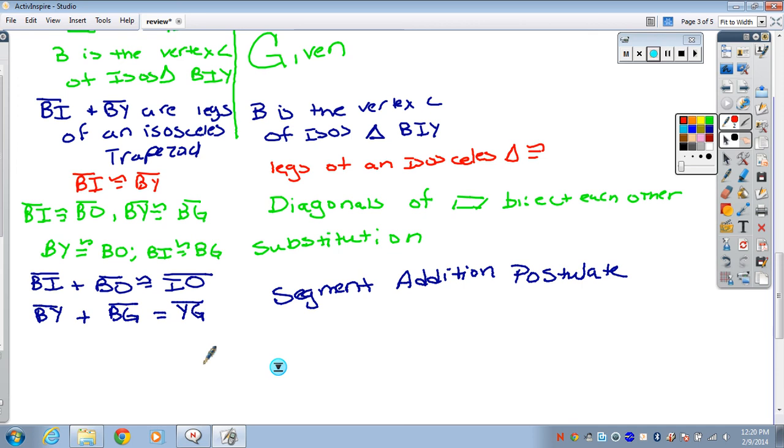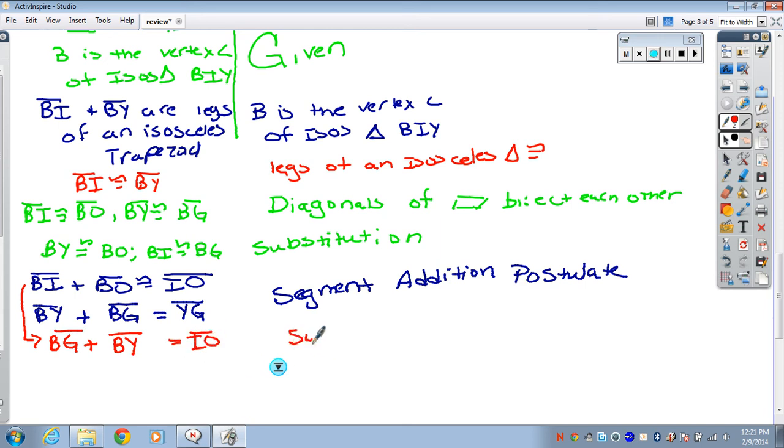All right, well, if BI is congruent to BG and BY is congruent to BO, we can substitute in right here and say that BG plus, again, BO is congruent to BY, so BY equals IO.